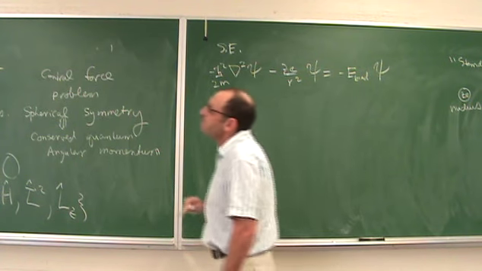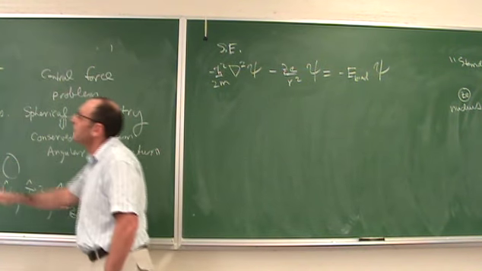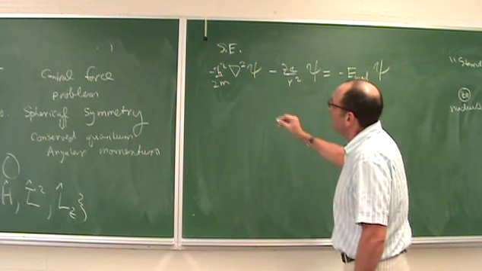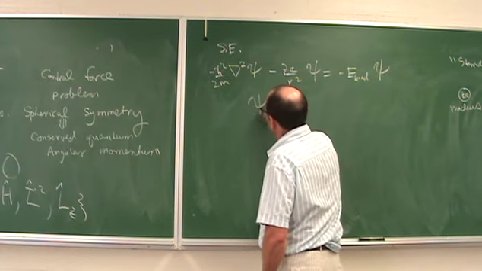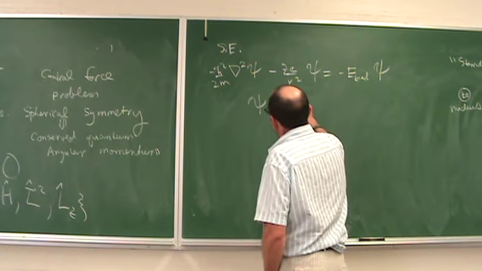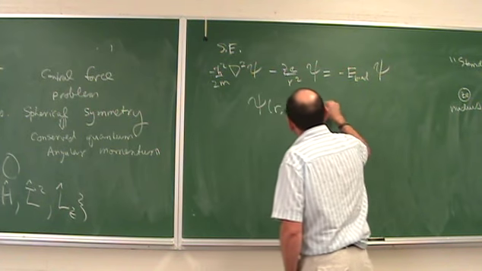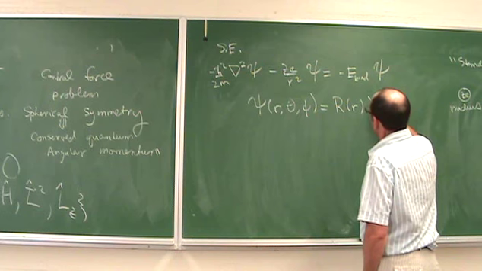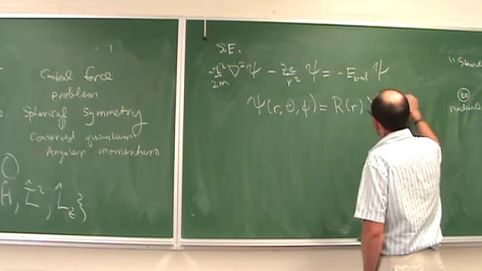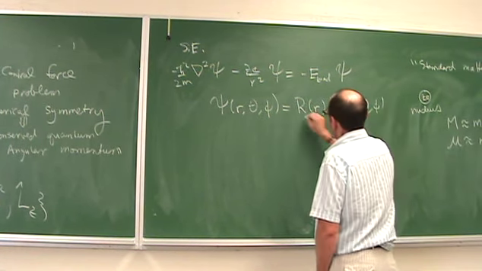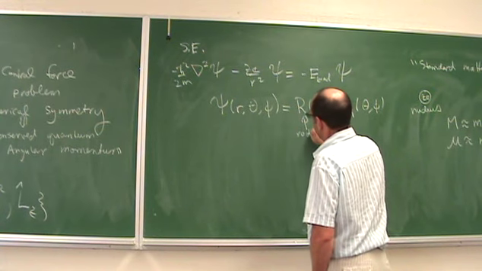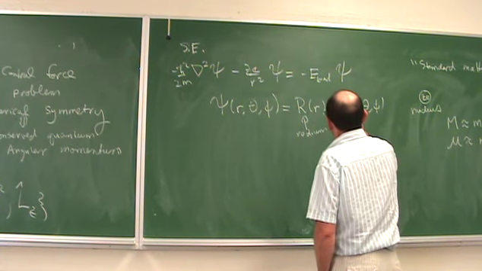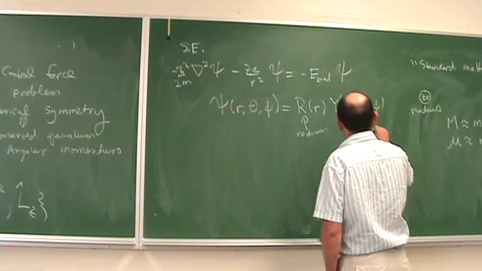The symmetries of the system, of course, mean that we can express our energy eigenstates separated in terms of the radial wave function and our spherical harmonic.